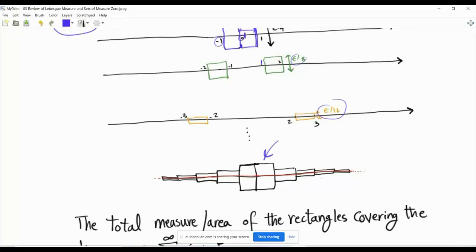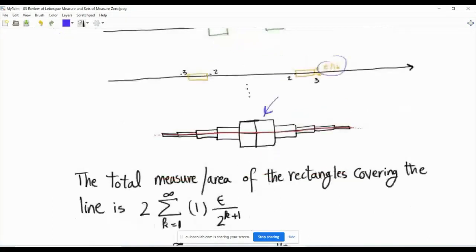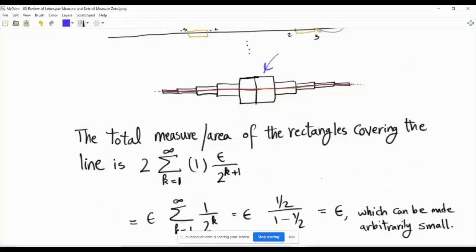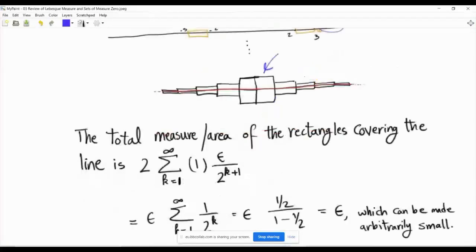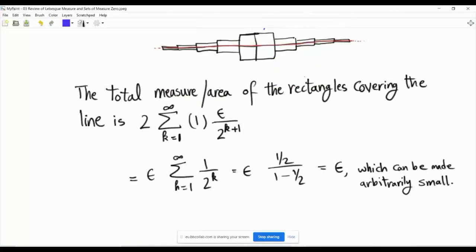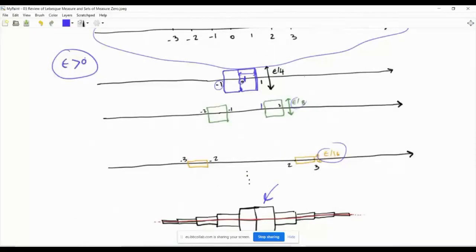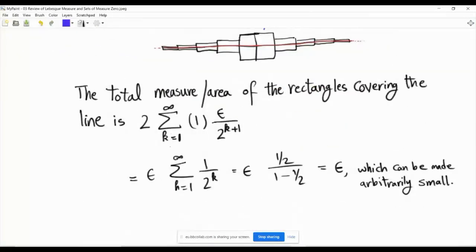Now, what is the overall Lebesgue measure of those rectangles? You can write the formula, but you can find the area of each of those and sum the areas, and you will find that the cover here is, by design, leading to a convergent geometric series.